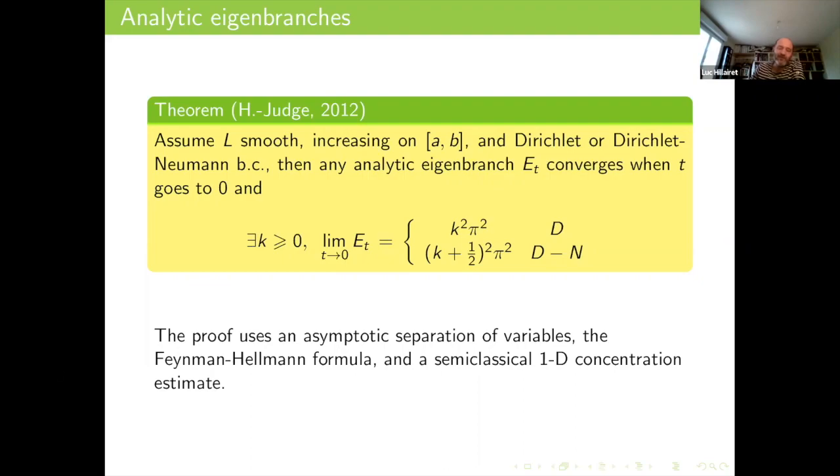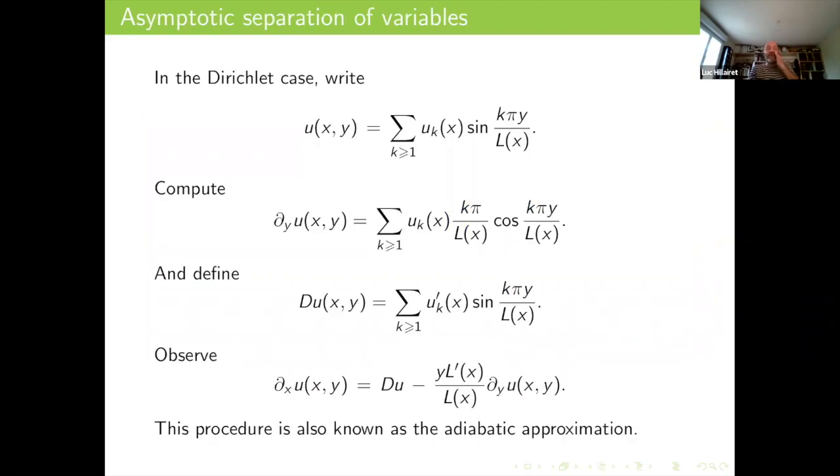So how does it work? This asymptotic separation of variables is quite well known. It's also found in the literature as the adiabatic approximation. I will write it in the Dirichlet case. If you want to write it in the Dirichlet-Neumann case, you have to change the sign for the eigenvalues of the interval with Dirichlet-Neumann boundary condition.